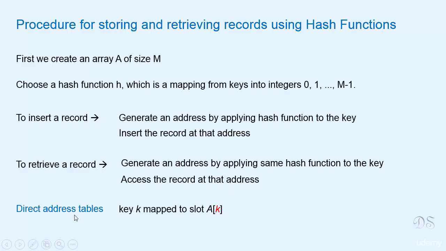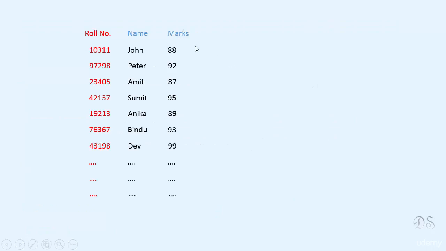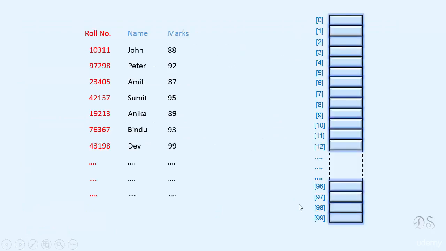We have seen that in direct address tables, any key k is mapped to slot k, while here in hash tables, any key k maps to slot h(k). Now let's go back to our example of student records. First we create a hash table of size 100. So it has slots from 0 to 99.